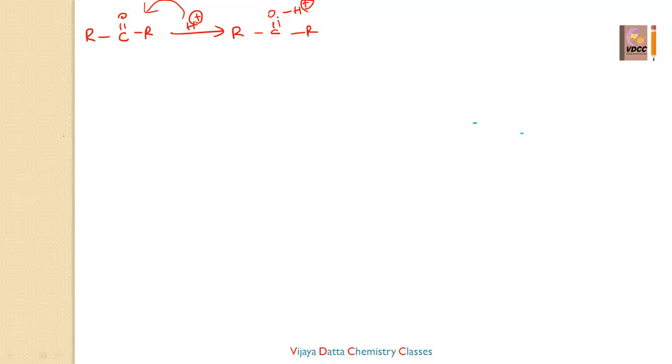Immediately this double bond will shift towards the carbon. Then the product is R-C(+)-OH-R: the oxygen is neutral again and the carbon gets the positive charge.